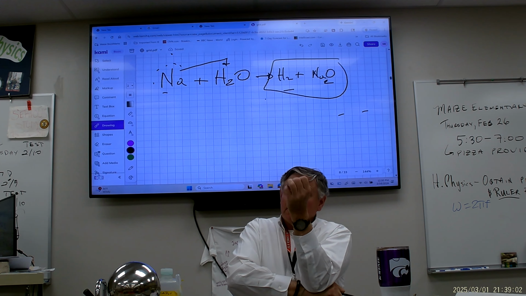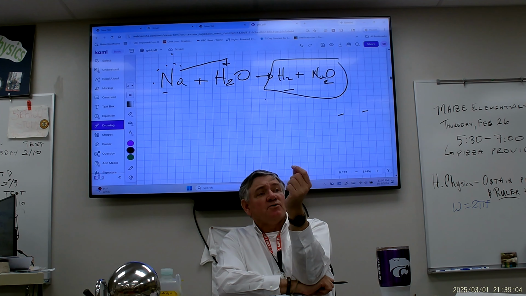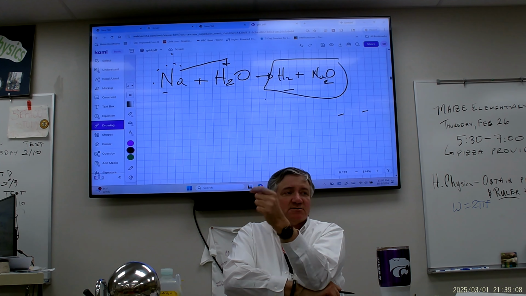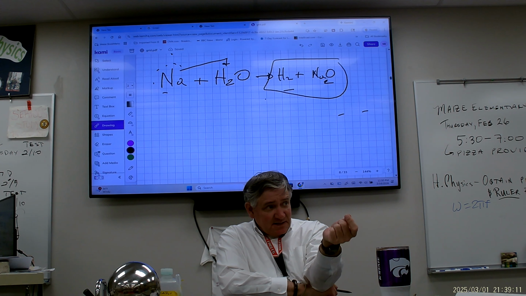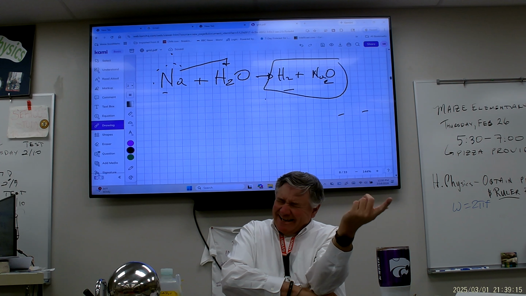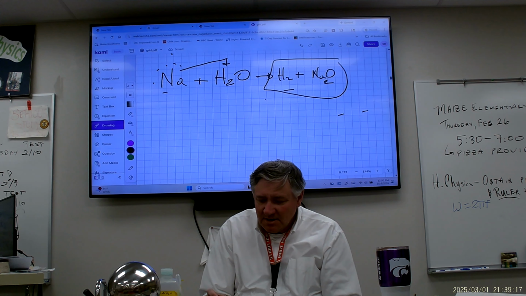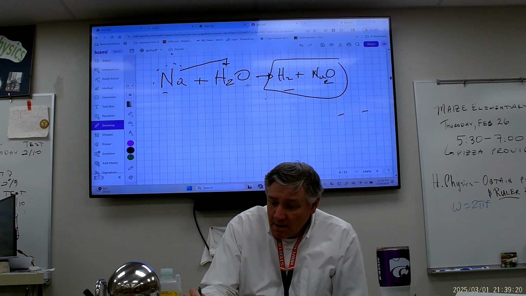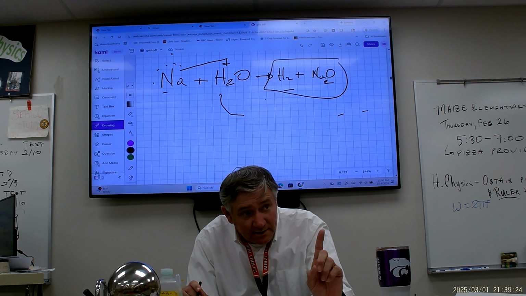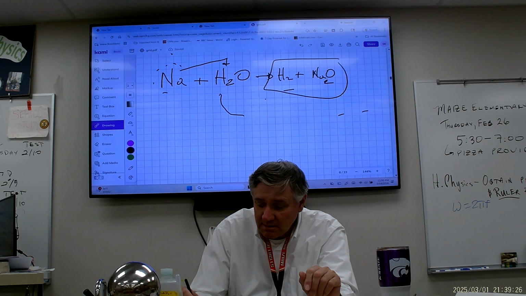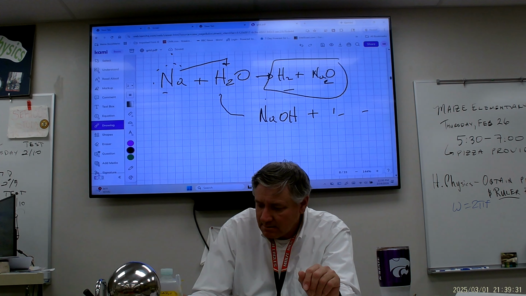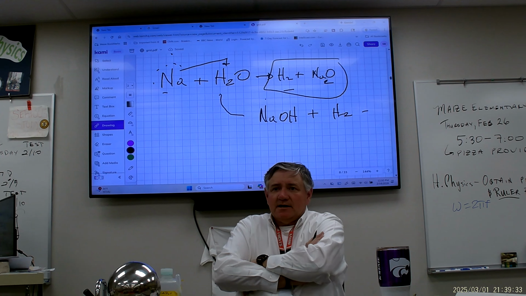So this is a situation where we can't see the movements of the electrons, but we see the net effect of what happened. As soon as that thing turned basic, we knew something had to produce hydroxide. We also know sodium really likes to give up its electron. So here's another option. Perhaps it only kicks out one of the hydrogens, and you make sodium hydroxide and hydrogen gas.